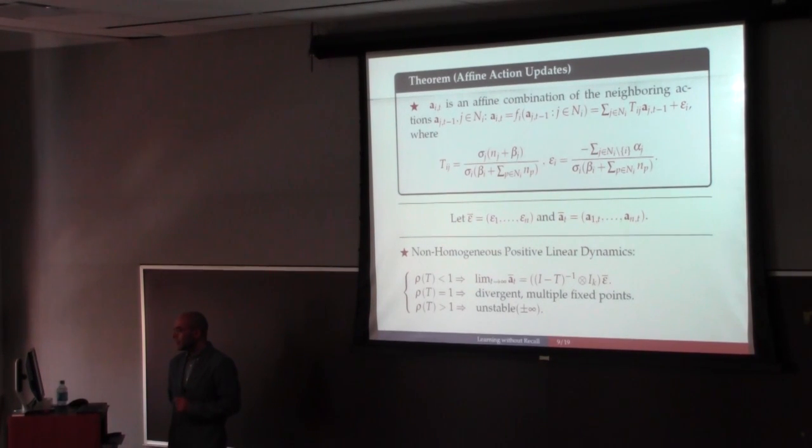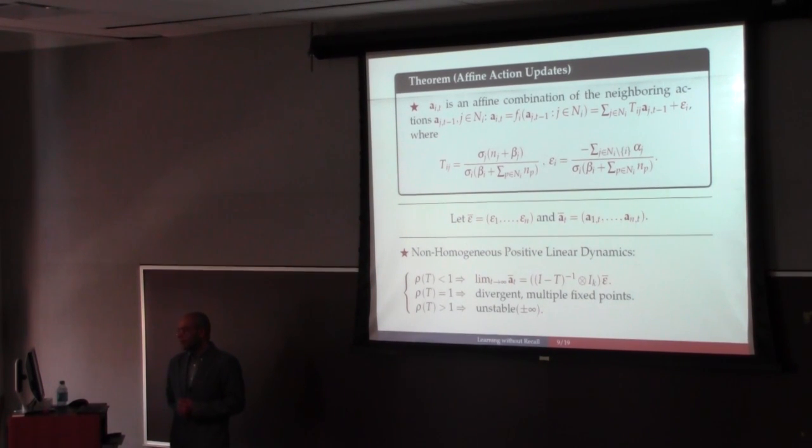And the good question is, if they repeat this affine action update, how would their beliefs or their actions evolve? And the answer would be given by the theory of positive linear systems. But in particular here, since it's an affine action update, we get a non-homogeneous positive linear dynamics, and there would be a limit to these actions whenever the spectral radius of this matrix of coefficients of these affine updates is strictly less than 1.